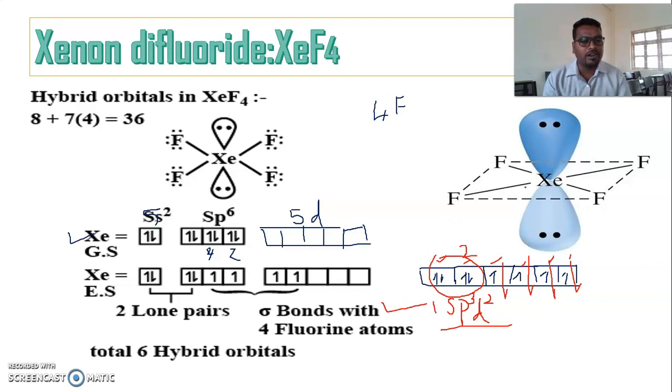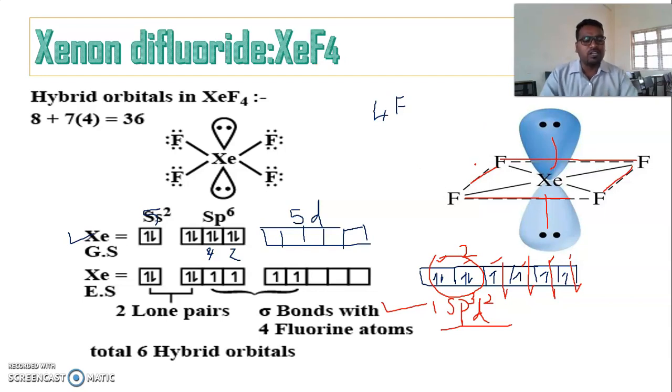These non-bonded electron pairs occupy positions, one above the plane and another below the plane, and the 4 fluorine atoms occupy the 4 corners of the square plane. So that's why the geometry of xenon tetrafluoride is square planar.